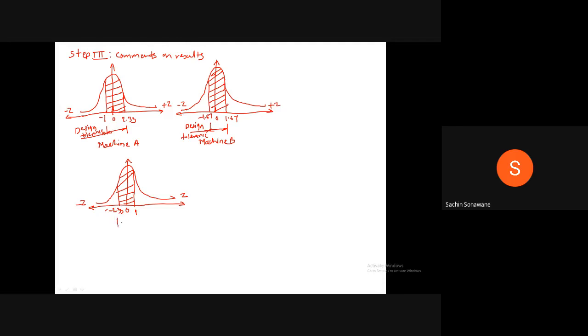Similarly, this range is known as design tolerance.